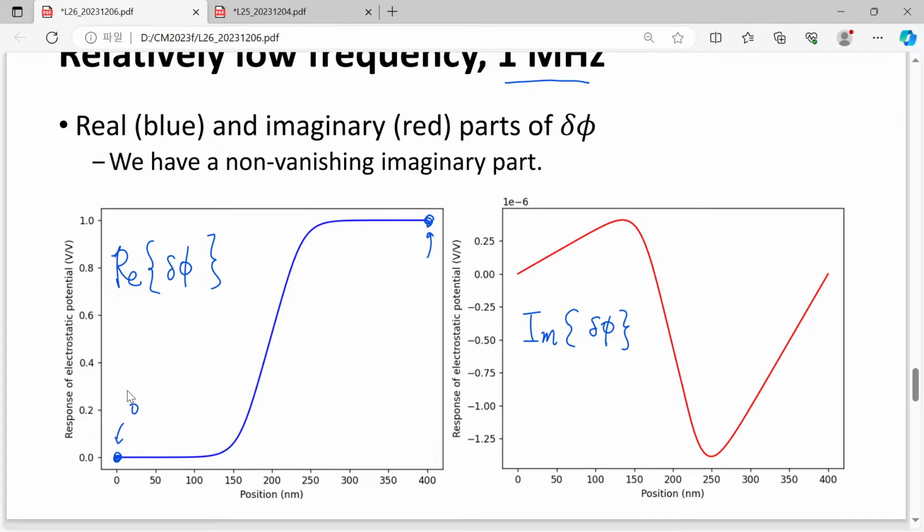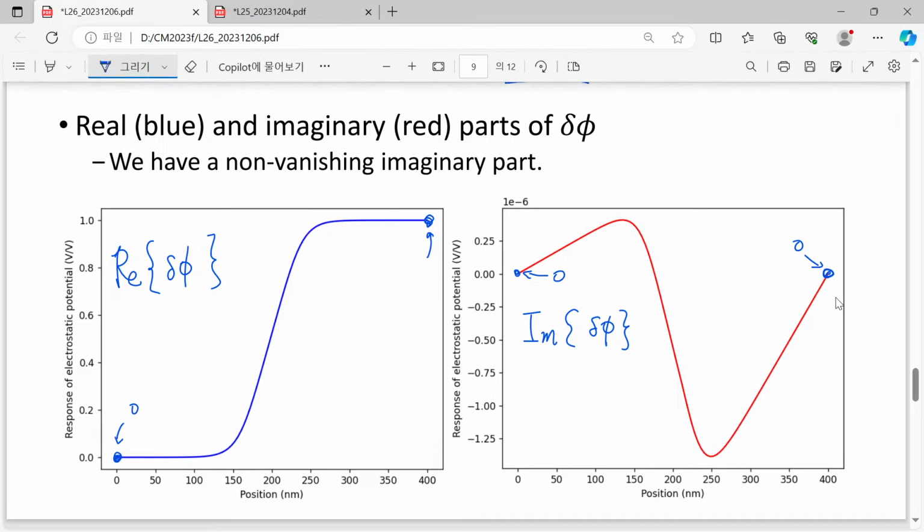However, when you have a look at the right figure, you can see that the imaginary part shows some behavior. And boundary condition, yes, here we have just 0 and just 0. In cathode, it's not that difficult to understand this one. However, even for our anode, we have applied just sine-like behavior.